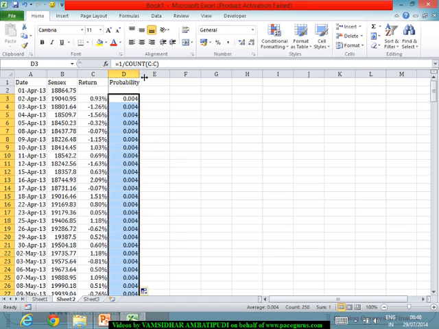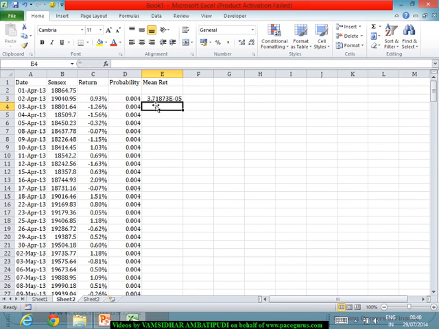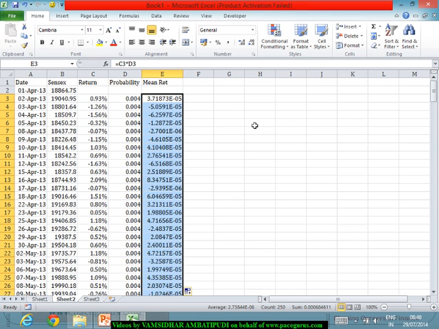Now from that I would like to compute the mean, the expected return, which is nothing but I multiply the return by its corresponding probability and add up all these returns.